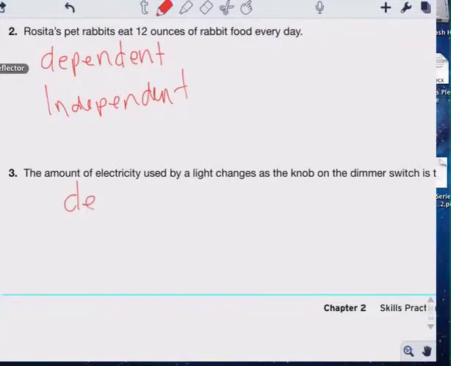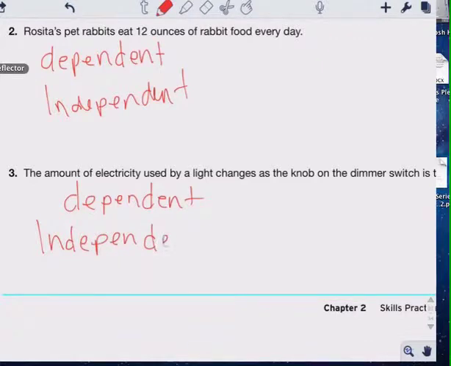You're supposed to write dependent and independent. The dependent is the amount of electricity used.